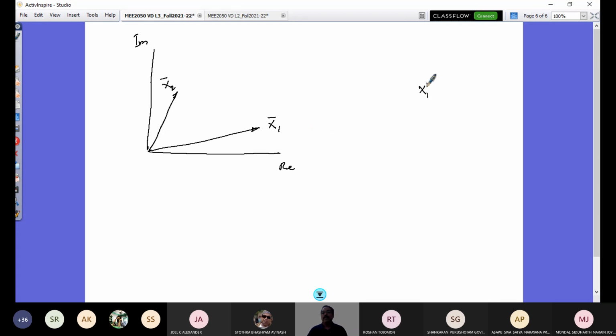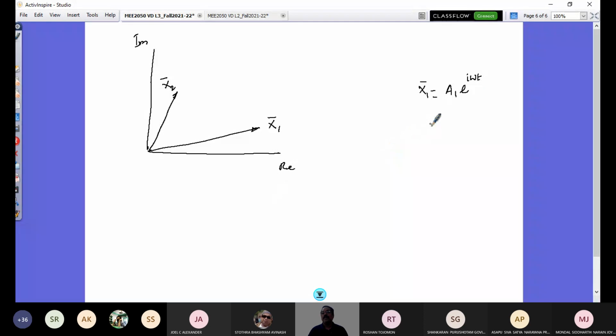The x1 vector is a1 e raised to i omega t. So theta I am replacing by omega t.